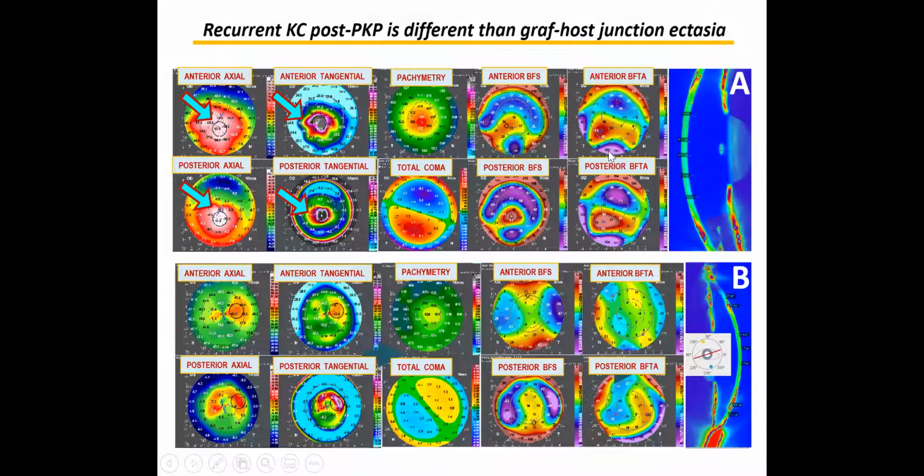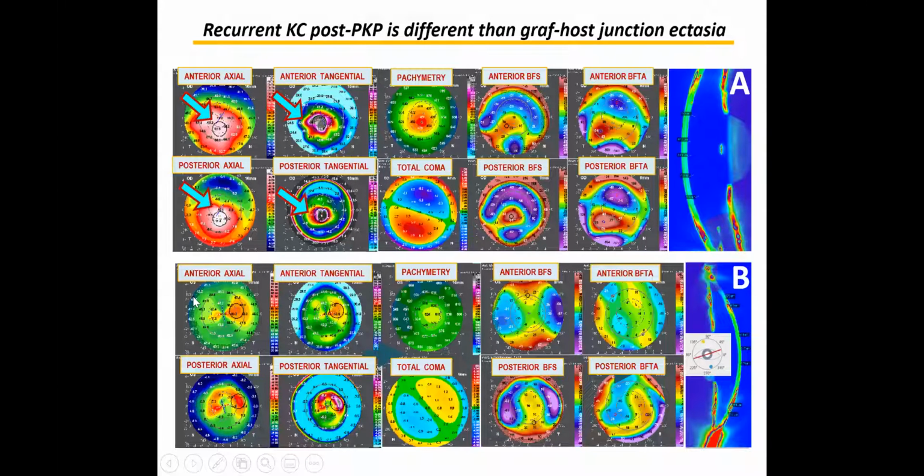And we can now differentiate what is a real new keratoconus in a transplant cornea, which is at the top. You can see the pattern is very similar, okay? The elevation is higher, corresponding to the thinnest point and to the highest, steepest curvature, okay? This is what happens when there is a new keratoconus after transplant.